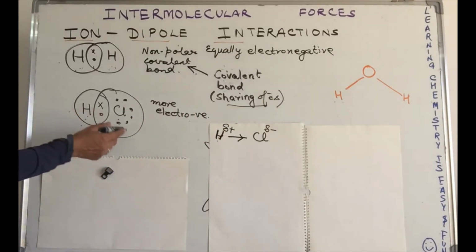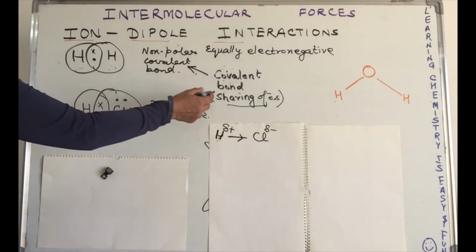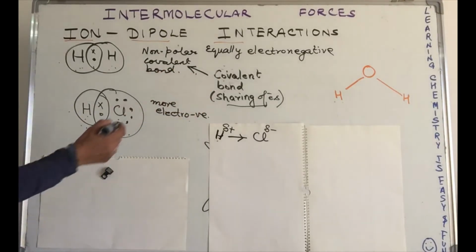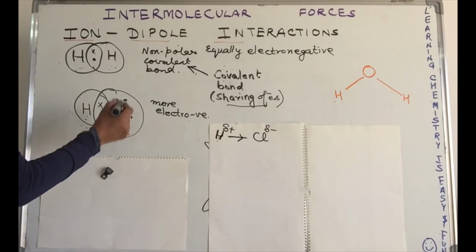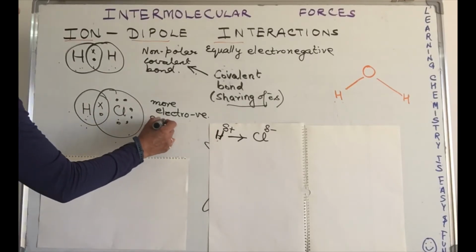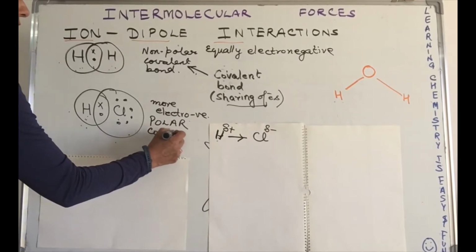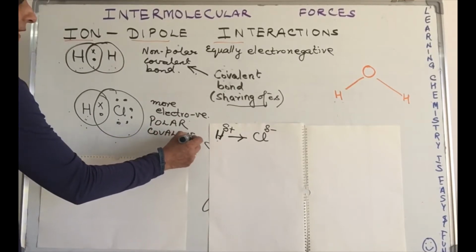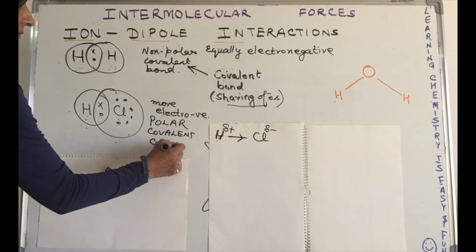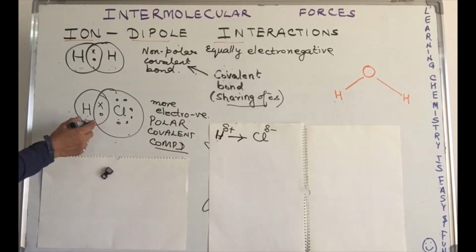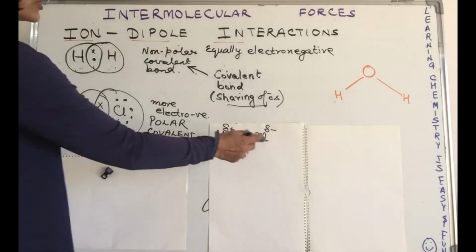This type of molecule, which has been formed by covalent bonding but shows partial ionic character, is what we call a polar covalent compound, right? There's been sharing of electrons, but it shows partial charges.